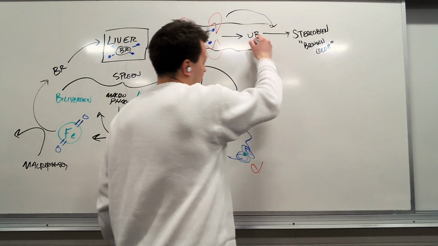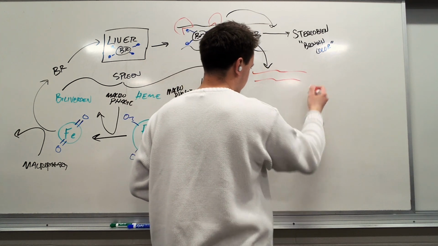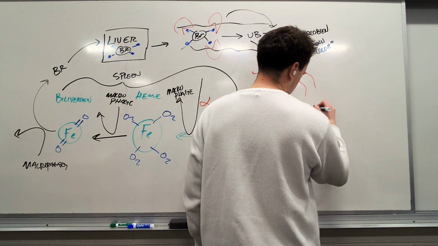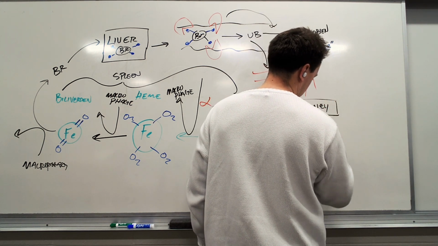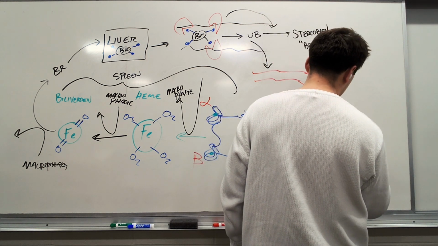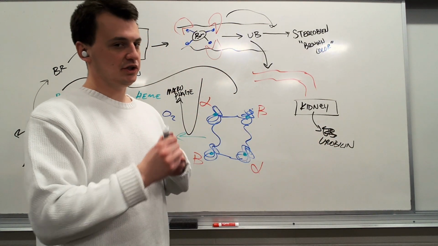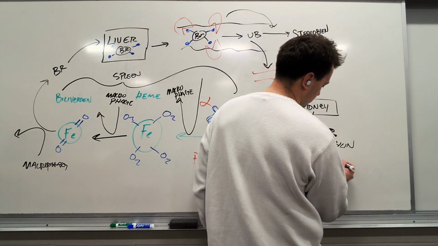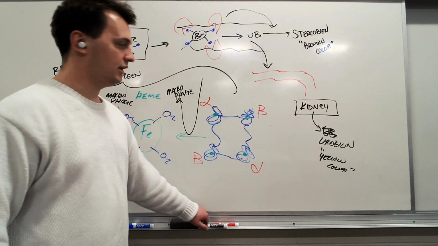But if it goes into the bloodstream, and then from the bloodstream goes into the kidney, then it becomes urobilin. Not urobilinogen, urobilin. And urobilin is yellow in color. And that's what makes urine yellow.